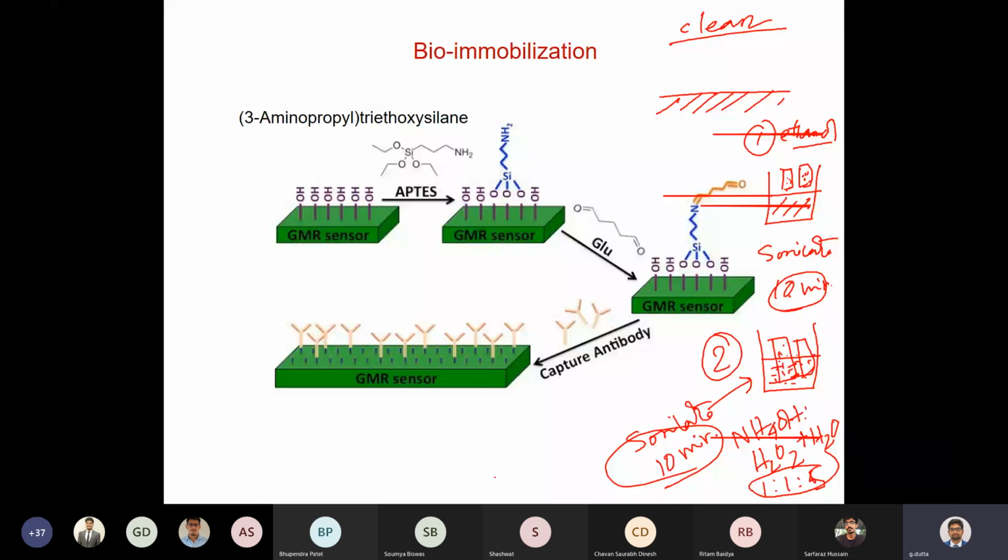Hydrophilic means if you drop water, it can easily spread on the surface. That is described by the contact angle, which will be very low.